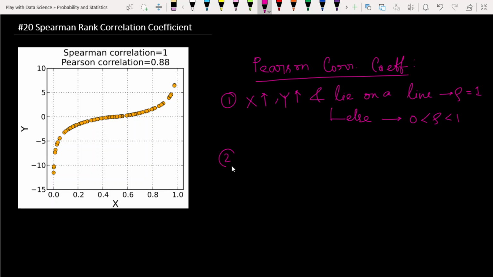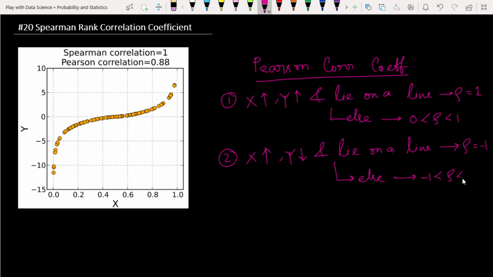The second thing: x increased and y decreased and it lies on a line, then we got rho equal to -1, and if it is not on a line, then this value lies between -1 and 0.